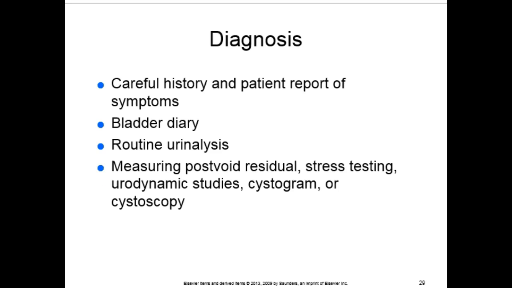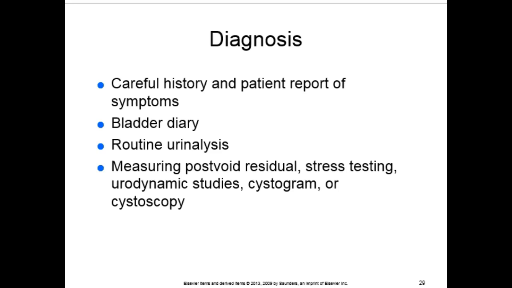Diagnosis of incontinence is based on careful history taking and patient report of symptoms. The patient may be asked to keep a bladder diary, so that would record when the incontinences are occurring. Routine urinalysis is also performed to determine if there's any infection.